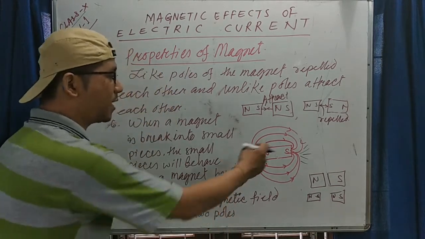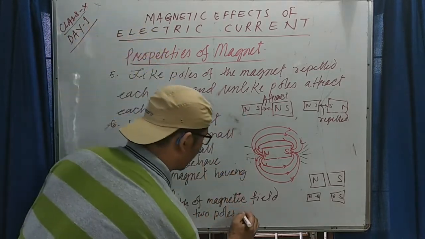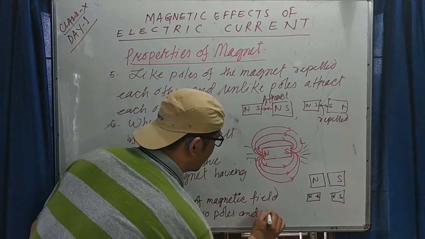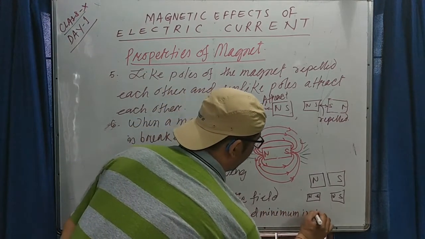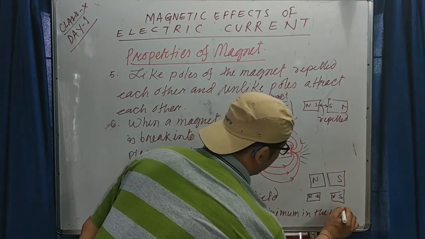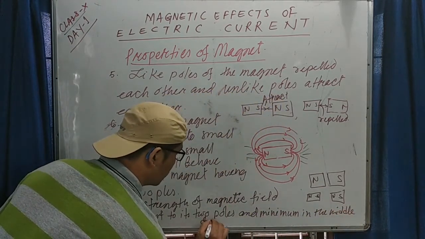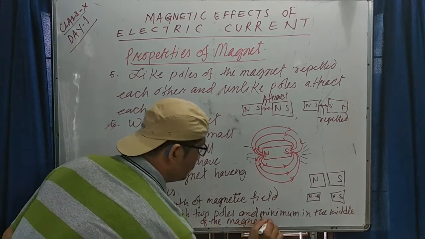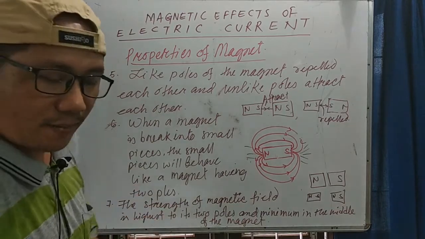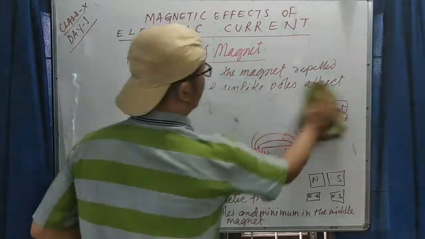A magnet has 2 poles, north and south pole, and there it is the highest, and minimum in the middle of the magnet. In the middle of the magnet it is the lowest. I'll write this one and will explain it here.